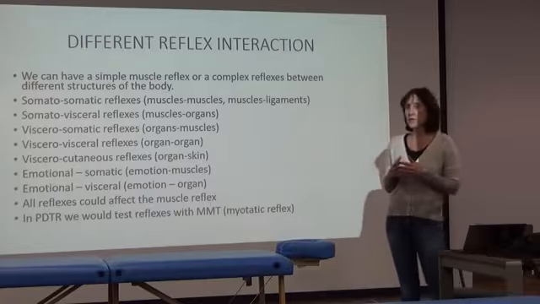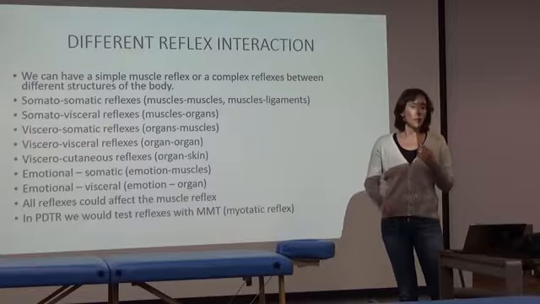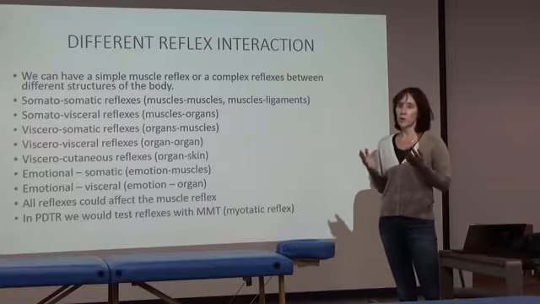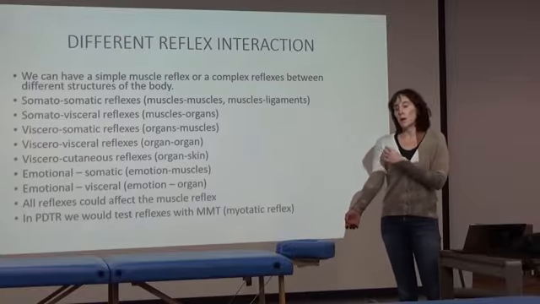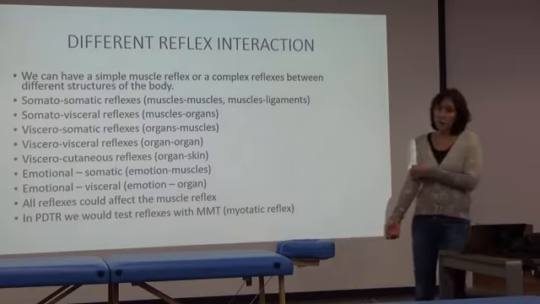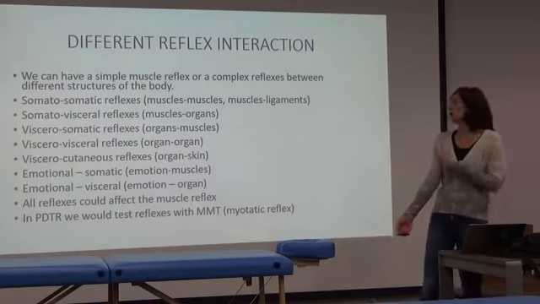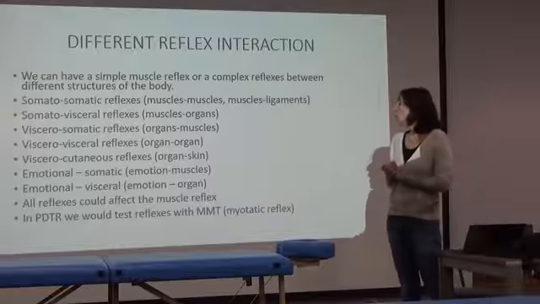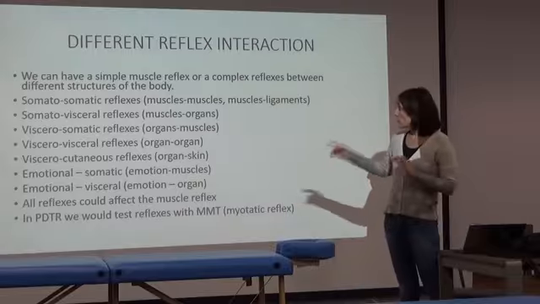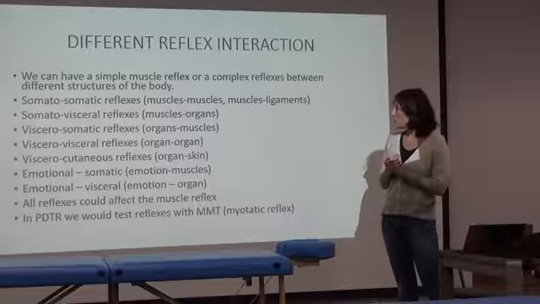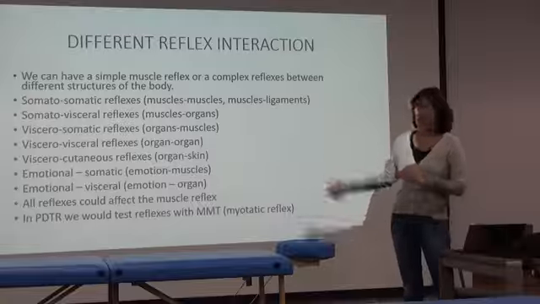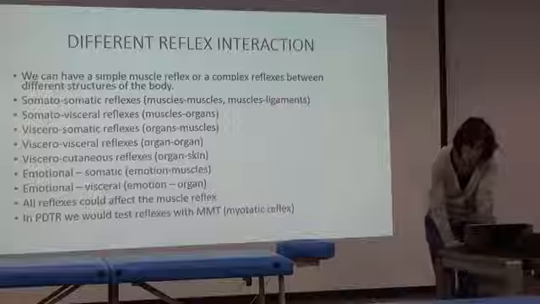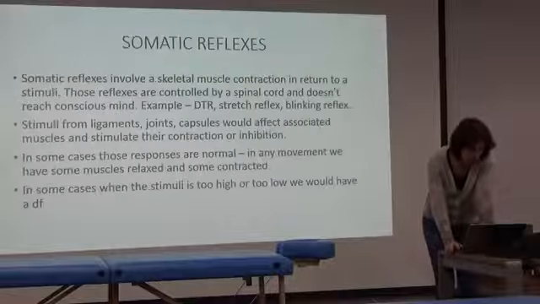It's just a stretch reflex, and it's the reflex which is described in all the books. The sensors which sense the length of the muscle send the signal, and as a result the muscle contracts. So all those altered reflexes could cause the alteration of the stretch reflex.